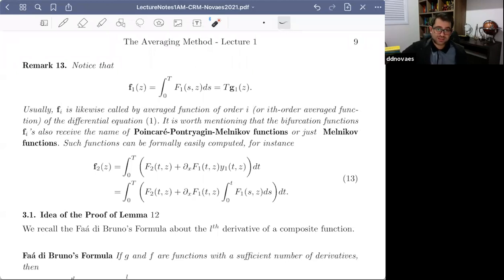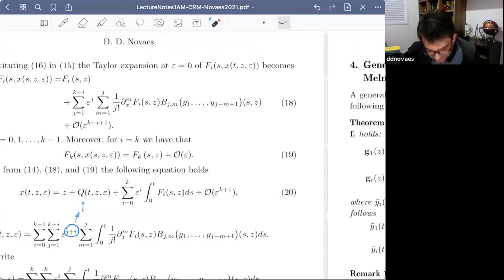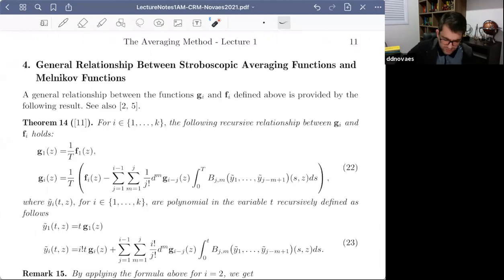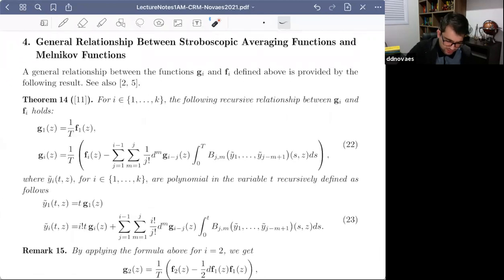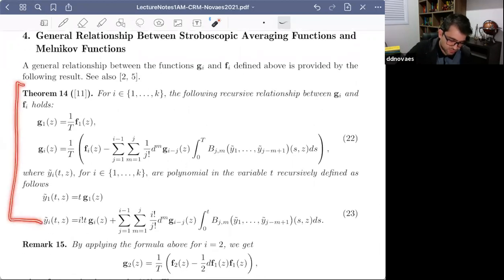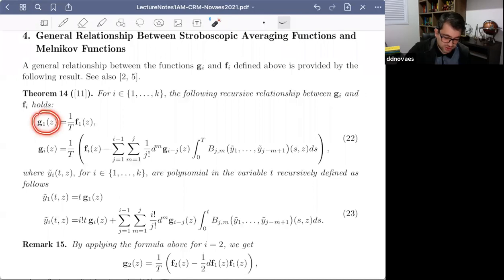So is there any relation between these two sequences of functions, which are obtained by distinct methods, but are providing the same information about the bifurcation of periodic solutions? So the answer is yes. We can develop a general recursive formula which links the functions g_i's with the functions f_i's.